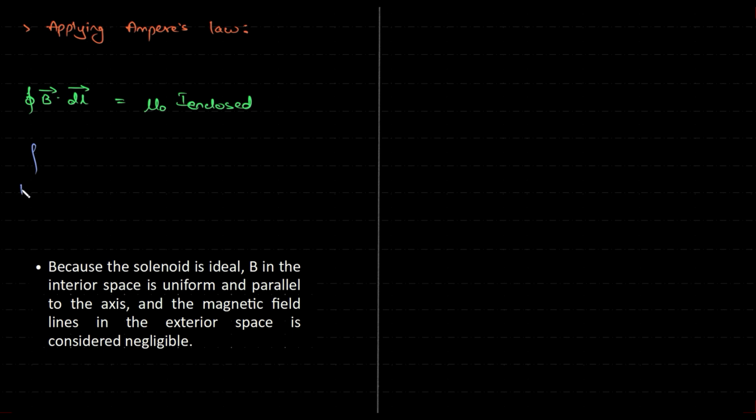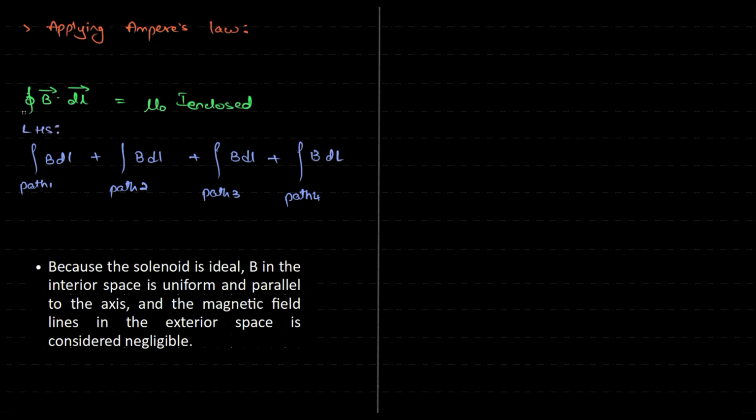So we have path 1 B dL plus, we have to cover the entire path, that's what the LHS tells, path 2 B dL, and path 3 B dL plus path 4 B dL. Let's concentrate on the LHS first.